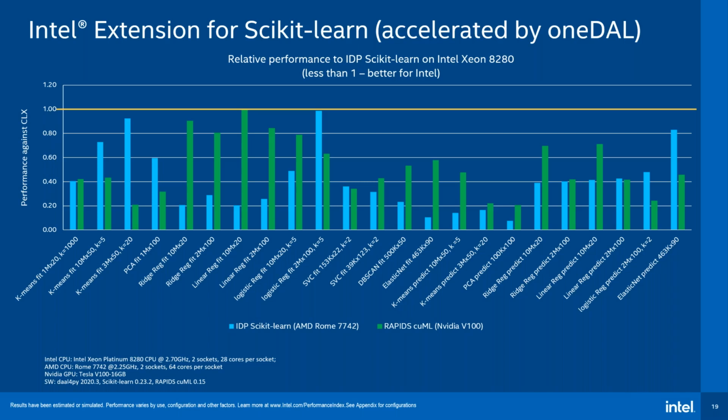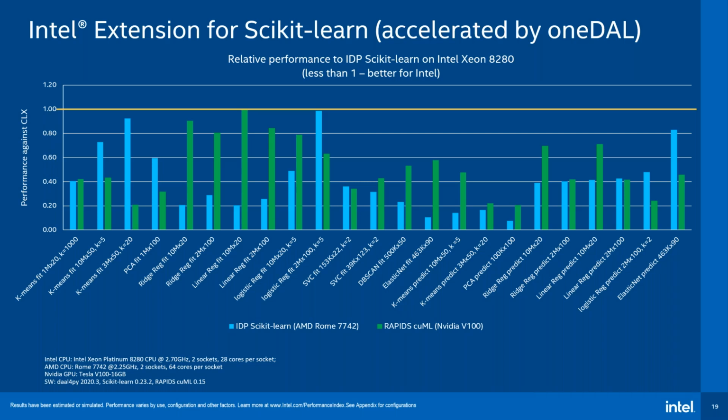The yellow line is at 1.0, which is the Xeon baseline with the Intel extension for Scikit-learn accelerated by oneDAL. Anything below that means the competitor part is underperforming. Across all these algorithms, the Xeon 8280 Cascade Lake SKU with 28 cores per socket is outperforming.